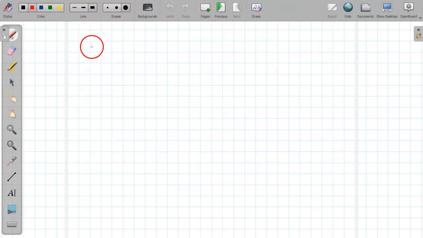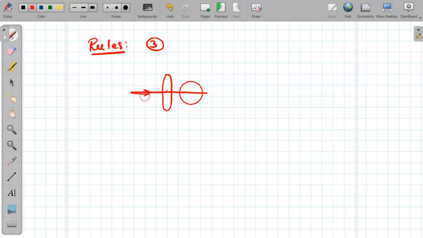And we have some rules. There are 3 rules that we have to follow when we want to draw the ray diagram. Okay, so what are those? First rule: when the light rays pass through the optic center, they will not bend, they will not refract, they will go straight.